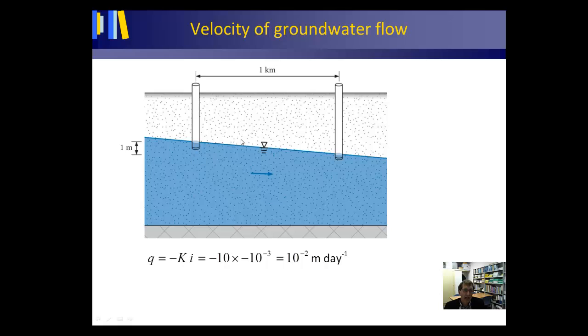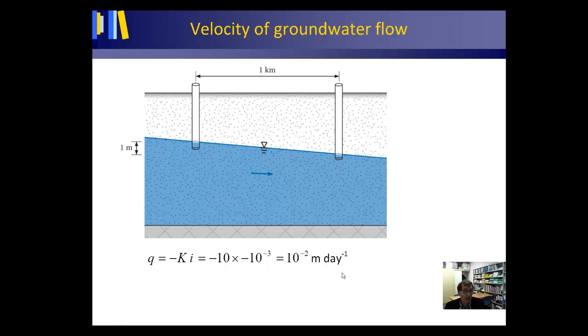And your hydraulic gradient, when this is water which can flow freely, when it's not confined in between two confining layers, but when the water table can establish itself freely, then you will find that the hydraulic gradient is approximately 1 meter per 1 kilometer. So that's 1 meter per 1,000 meters. So that's 10 to the minus 3. So if we multiply these two, we get a volume flux density of 10 to the power minus 2 meters per day, which is 1 centimeter per day.